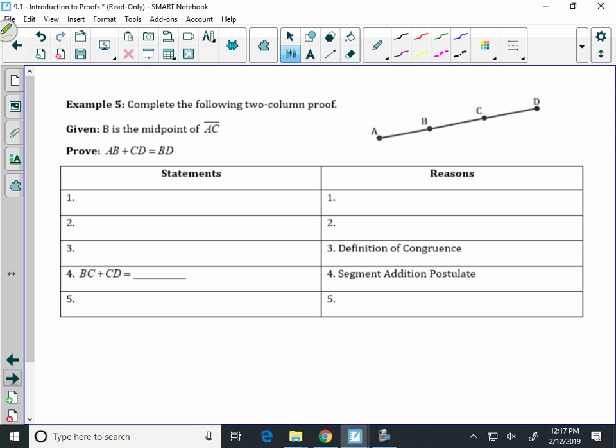Very good. We always write our given information first. I'm going to abbreviate midpoint, mid-PT. And it is given. What is our last statement every single time? What you're trying to prove.